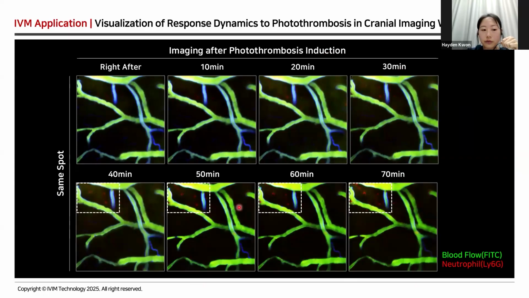However, beginning around the 40-minute time point, we could observe them gradually migrating toward the cortex, as indicated within the white dotted box here. As I mentioned earlier, this supports the understanding that immune cells act dynamically in conditions such as dementia, and importantly that they begin to act at a relatively early stage of disease progression, not only in dementia, but also in microinfarction or stroke.